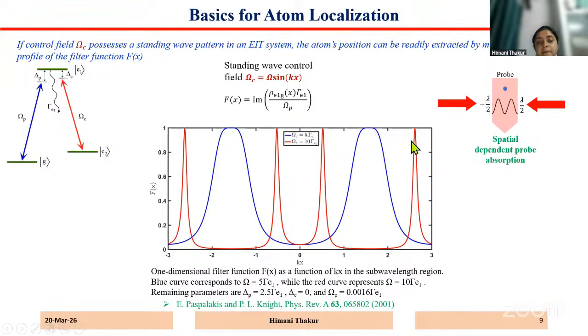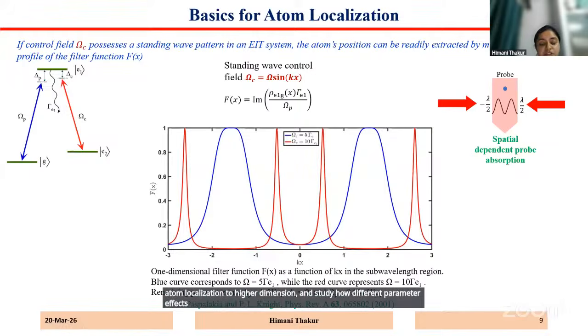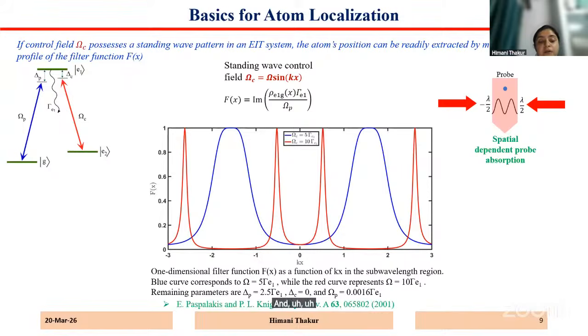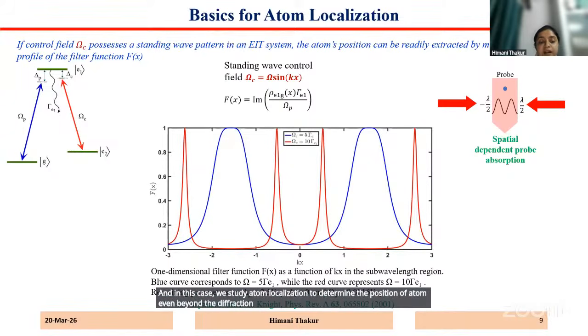So the basic principle of our work is that we extend atom localization to higher dimensions and study how different parameters affect localization precision. In this case, we study atom localization to determine the position of the atom even beyond the diffraction limit of light.